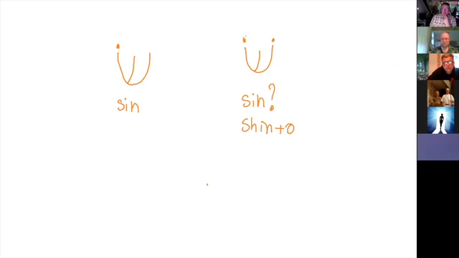But in most cases, when you see two dots on this letter, you can assume that it's the shin plus the column, and not a sin with another symbol on the right corner. So these are for the O sound.